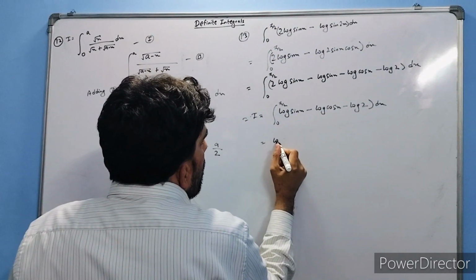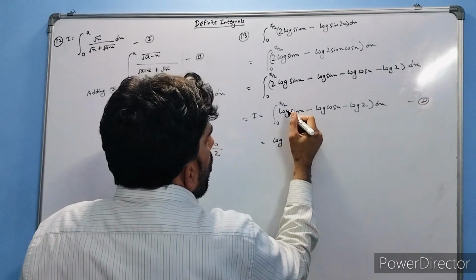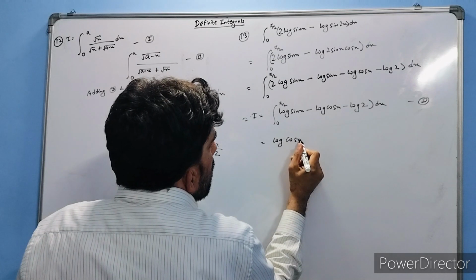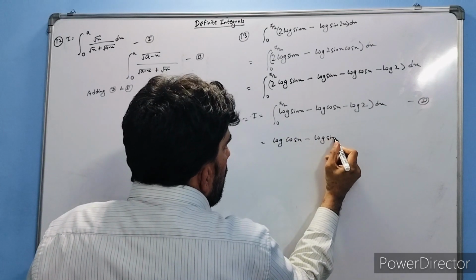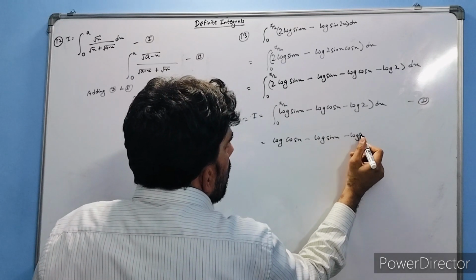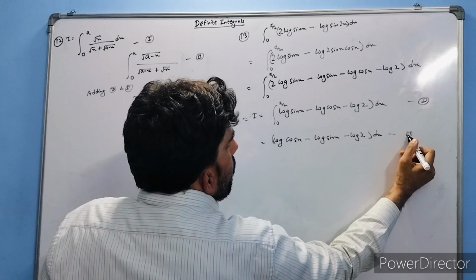So I will get log, now this is my first one. Okay, so I got log of pi by 2 minus x, cos x, log sin x, and minus log 2. Okay, so this becomes the second for us.